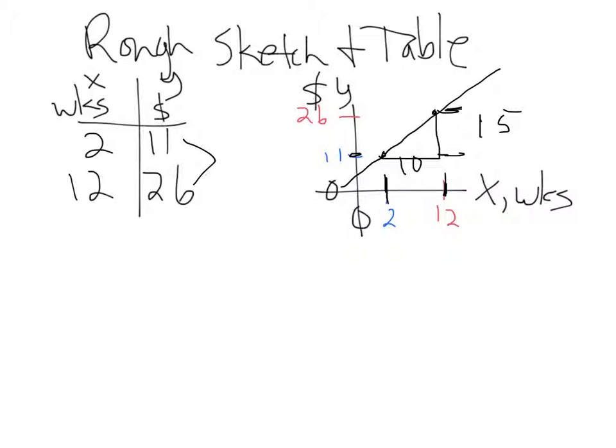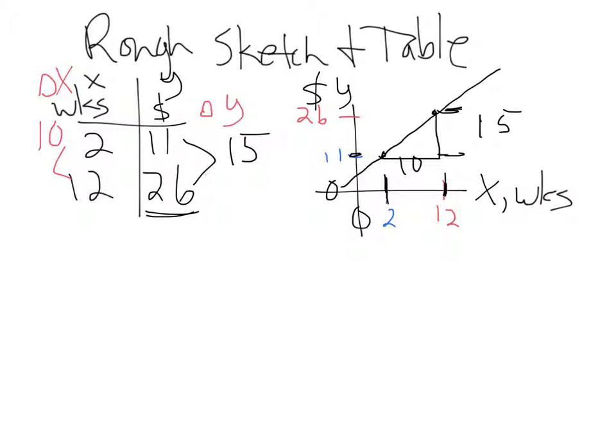$26, take away $11 means it increased by $15. Remember, it's always the one below minus the number above in a table. So that's delta y right there, folks. That's the change in y. Over here is delta x, and delta x is, in this case, 10 weeks. Okay, so I get the same results.